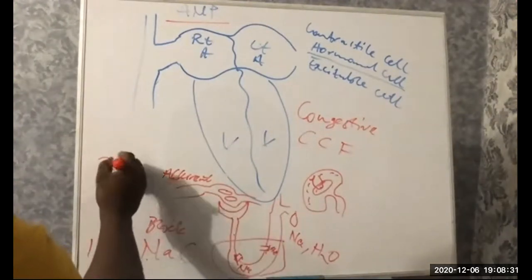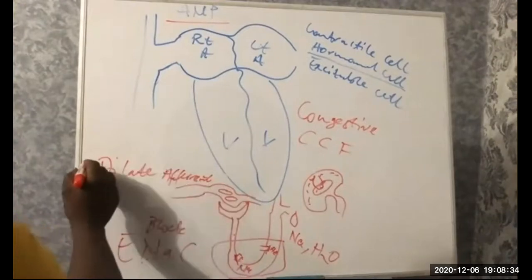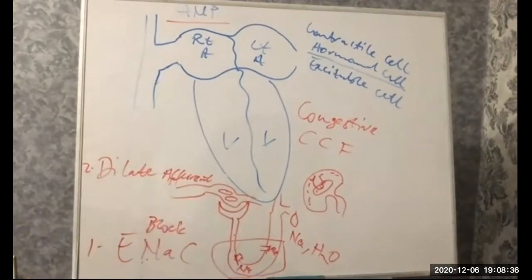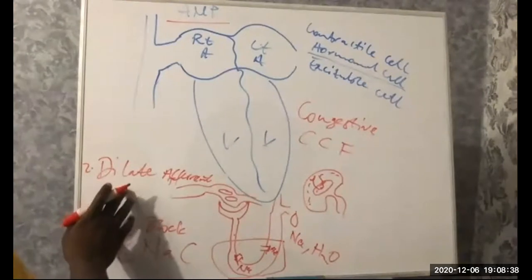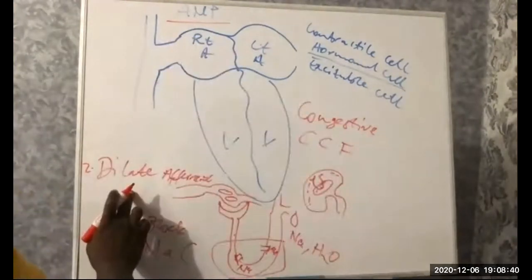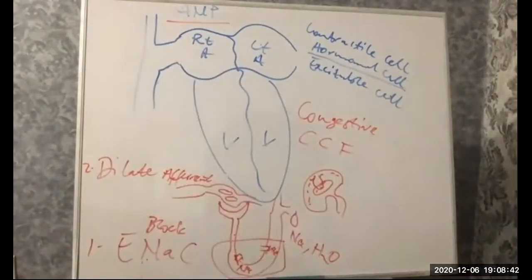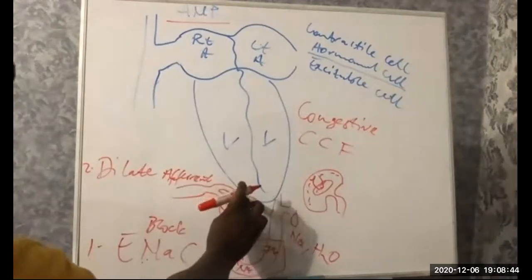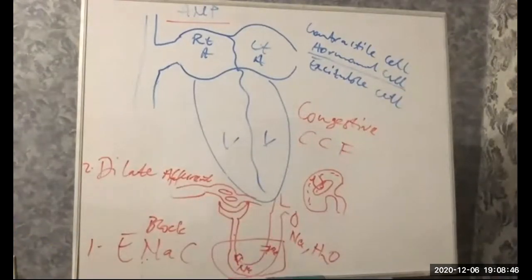So it will dilate what? Afferent arteriole. So once it dilates it, what will happen? More of the fluid will come here, and then more blood will flow into the glomerulus and increase filtration, right? Apart from that, what does it do?